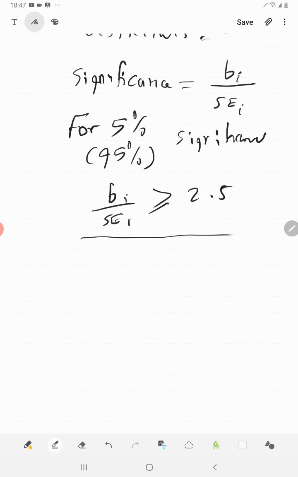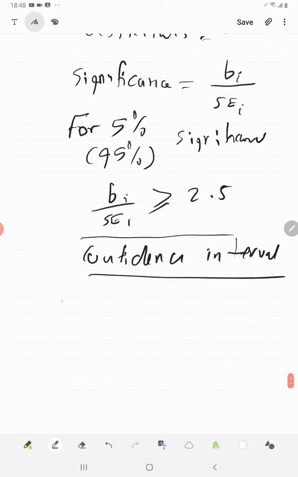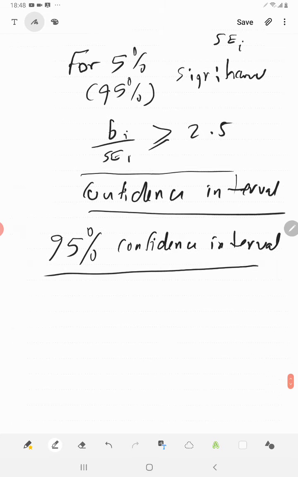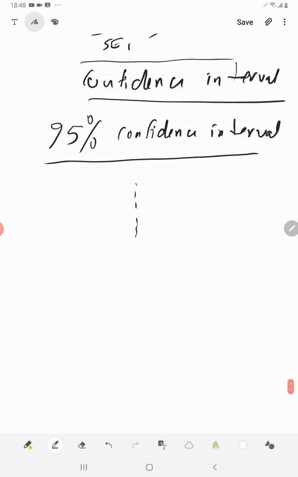Now, there's another criterion which is called confidence interval. What is a confidence interval? Usually we find the 95% confidence interval. What does it mean, 95%? So if we calculate, let's say this is B, okay? B0, B1, B2, it doesn't matter, any B's.